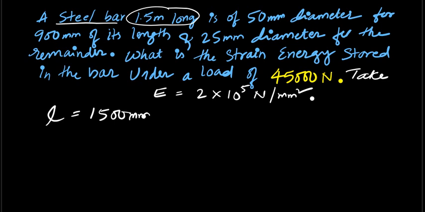Let us say L is the total length. The bar is of 50 millimeter diameter for a length of 900 millimeter out of this 1500.